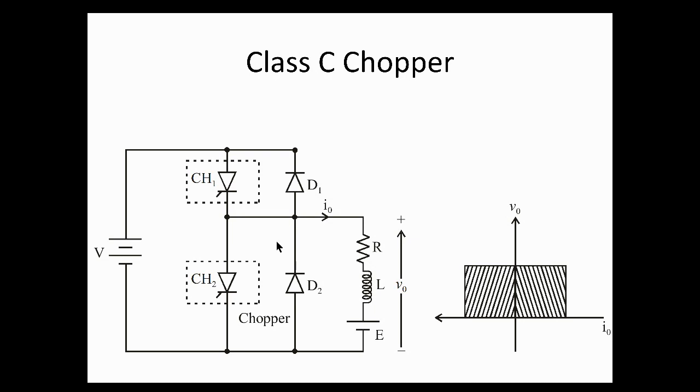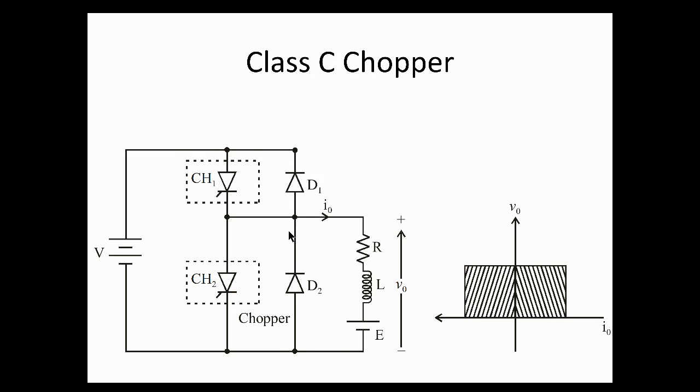At that point, the output voltage is going to be equal to 0, because this diode is now on. Once this diode turns on, the output voltage goes to 0.